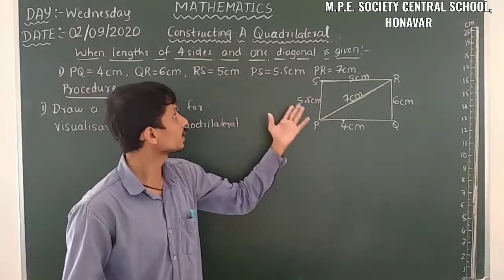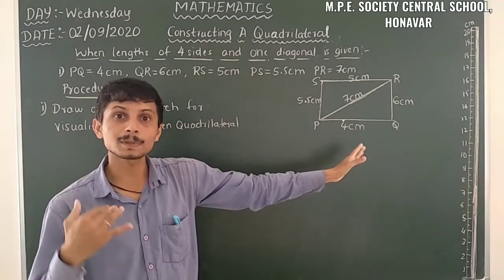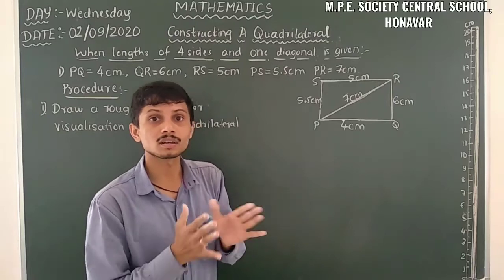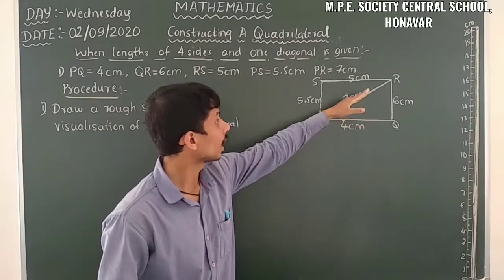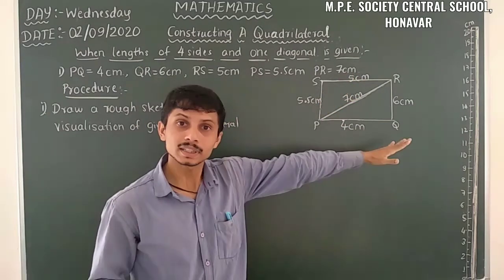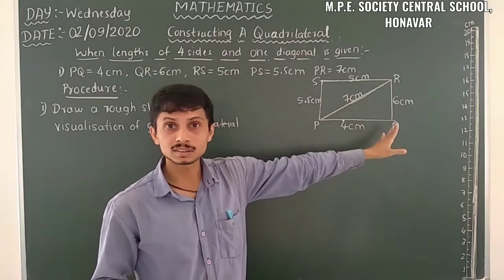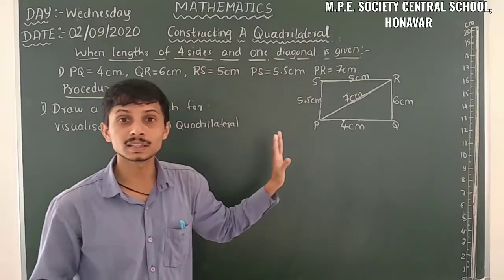After that, we divide the quadrilateral into 2 parts, above the diagonal and below the diagonal. So we construct the diagonal first, having 7 centimeter of length.